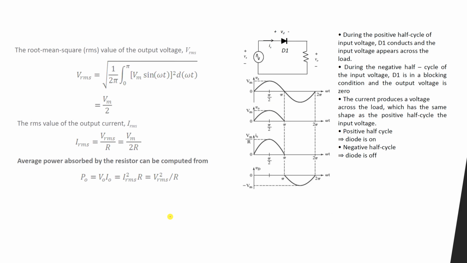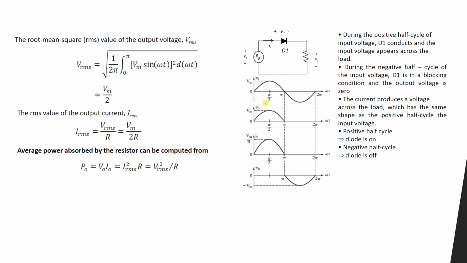Now what about the root mean square? Another value which is very important is the root mean square value, or the effective value. So first, root and mean means average: 1 over T, integration from 0 to T of the waveform d omega t. However, we have here mean square.